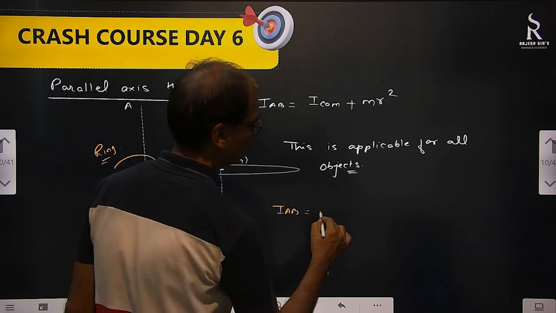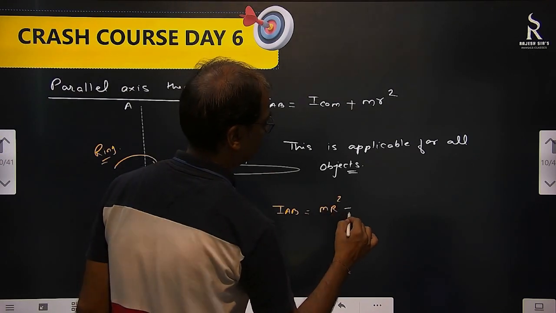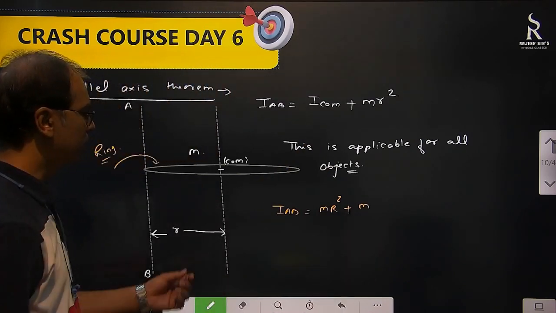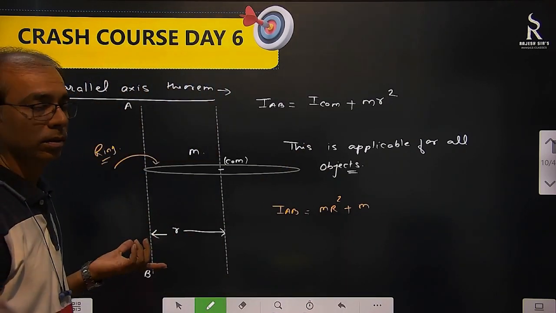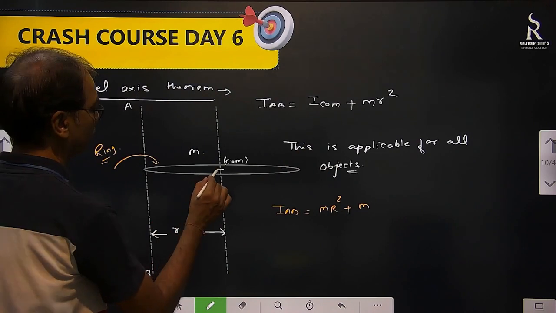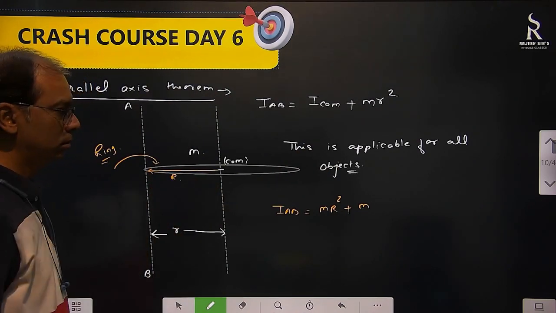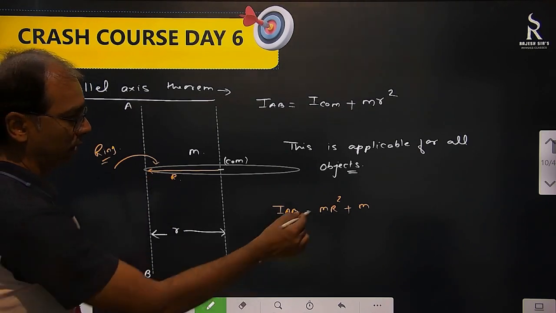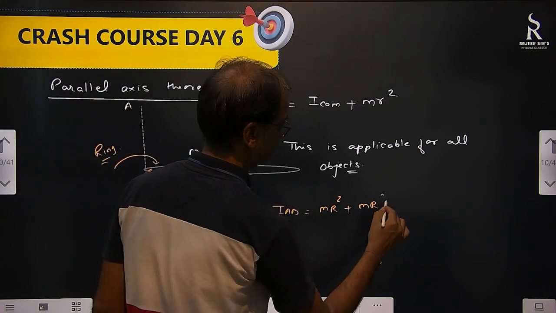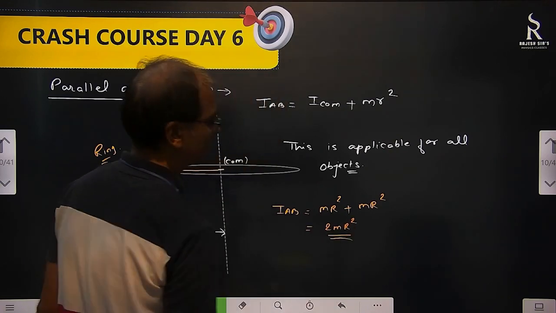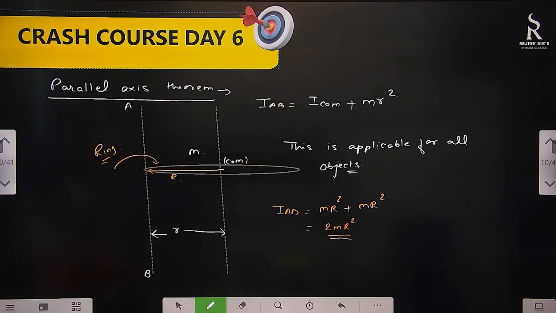So mr square plus m into square of the distance between them. Now this is smaller r I have written, but actually it is capital R. So small r equal to capital R. So what is the moment of inertia? It's 2mr square. So IAB equal to 2mr square.